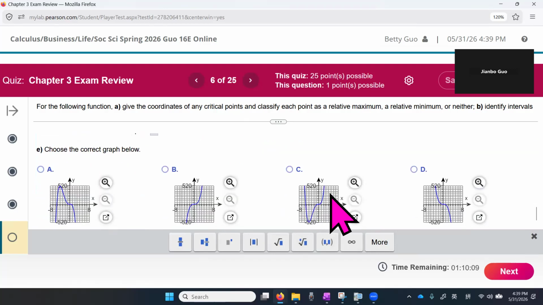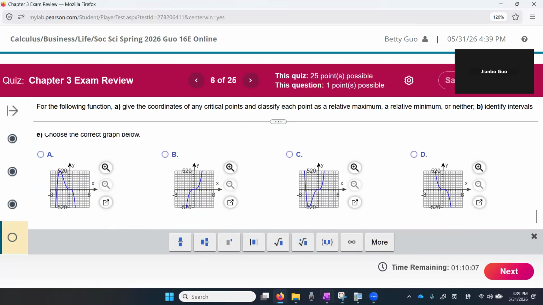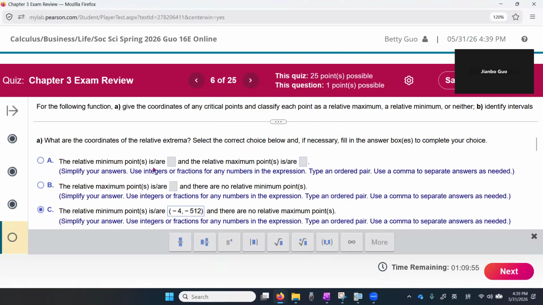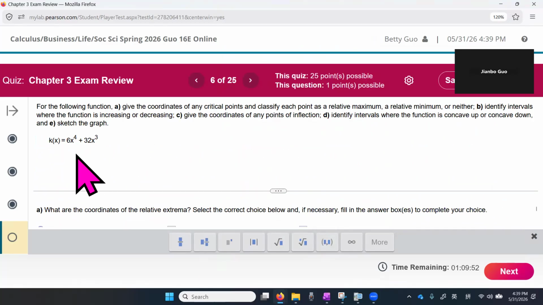Choose the correct graph. Which one is similar to our graph here? Start with down. Seems this one. Also, the function is a polynomial function with degree 4, so the shape is going to be like a W, and the leading coefficient is positive.